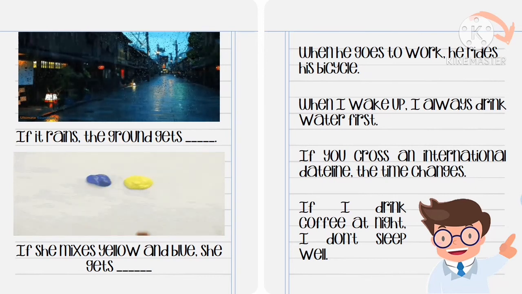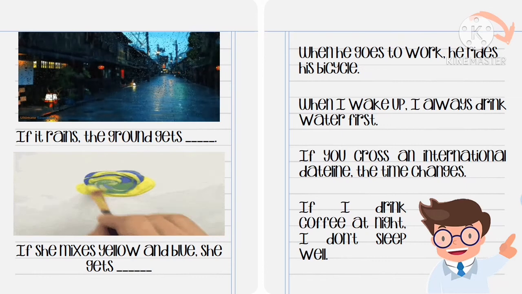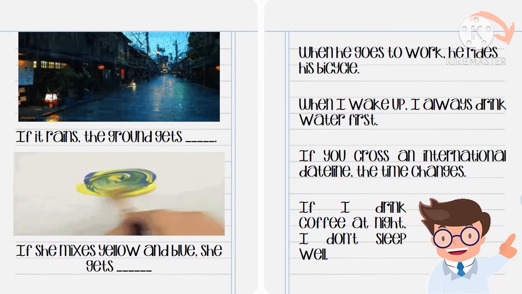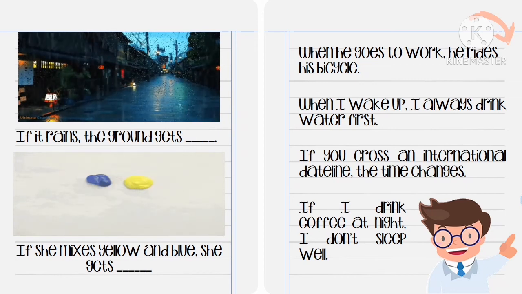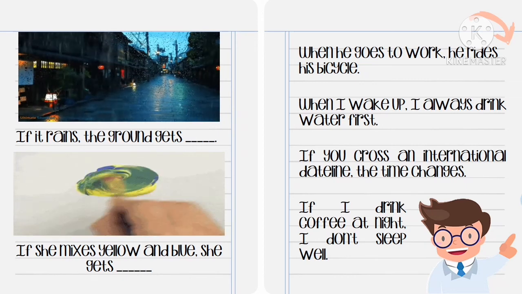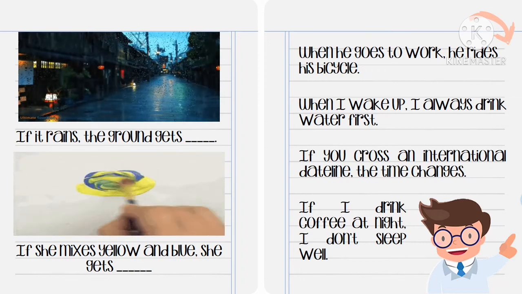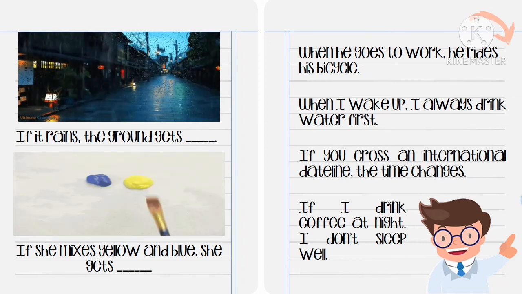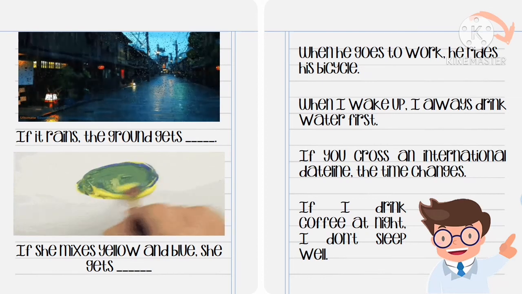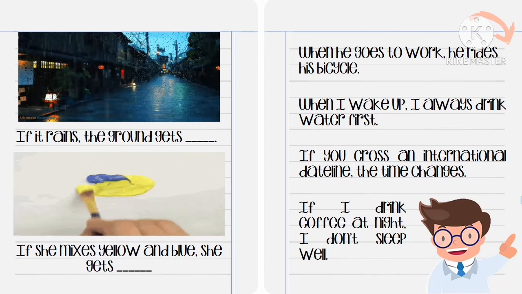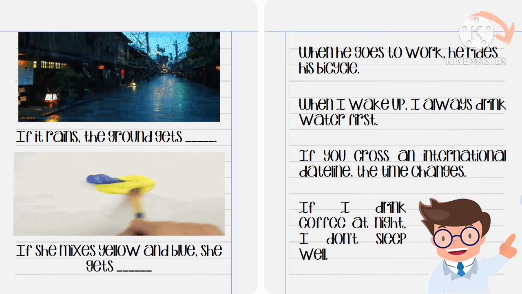Okay? The probability of the if clause or the condition to happen is 100%. For example, in sentence number 1, if it rains, the ground gets what? What happens when it rains? Ano mayayari sa daan? Of course, the ground gets wet.